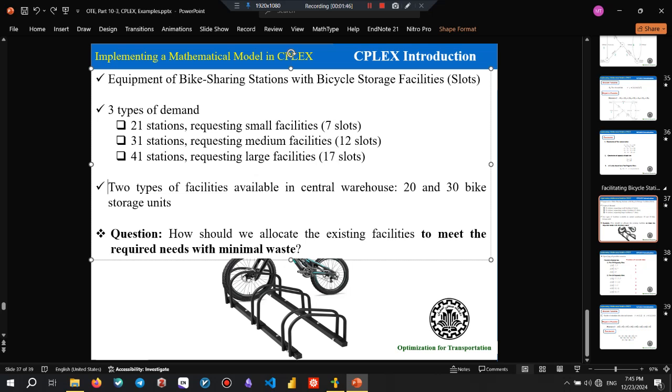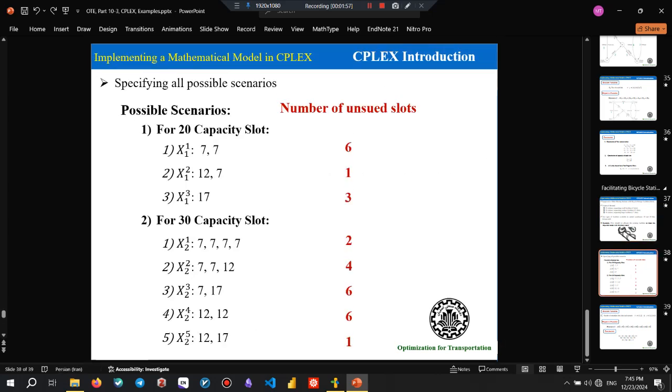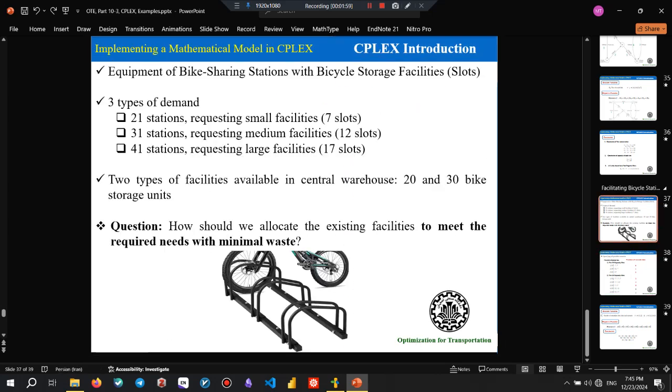slots. And there are two types of facilities available in a warehouse: 20 and 30 bike storage units or slots. And the question is, how should we allocate the existing facilities to meet the required needs with minimal waste?